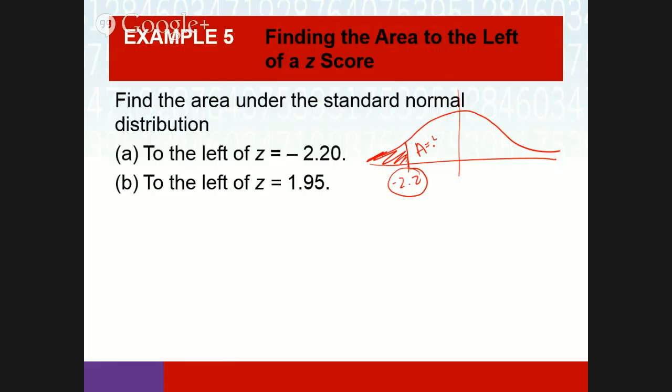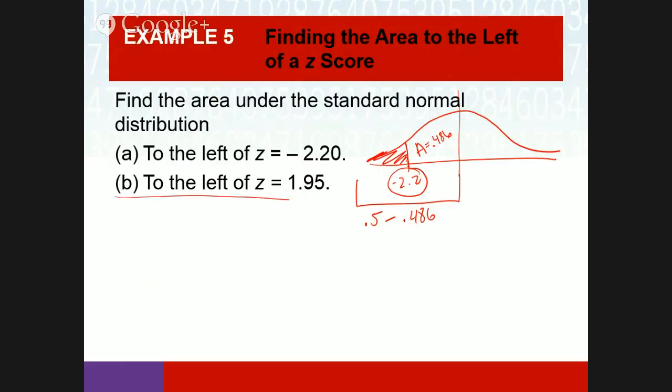Everybody agree? So here is just the application of how would I find the area to the left of a z value of minus 2.2. What would I do? Take 0.5 minus that. Yep. I would take 0.5 minus 0.486.